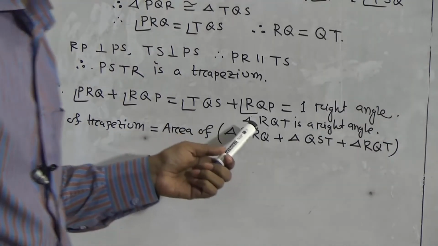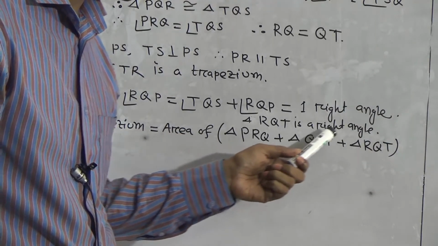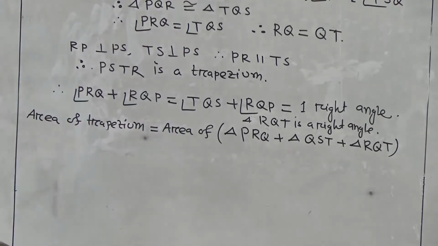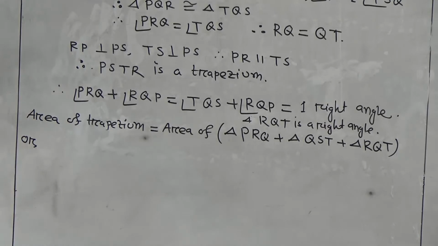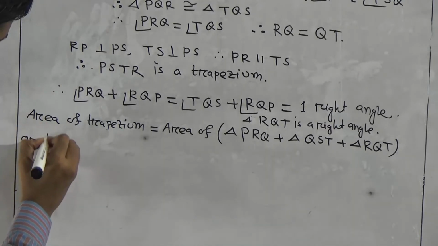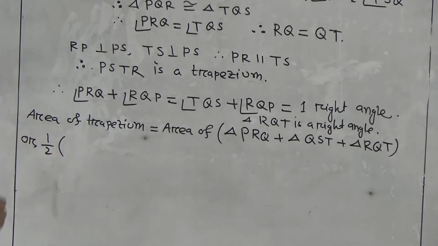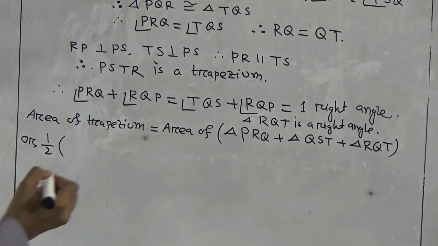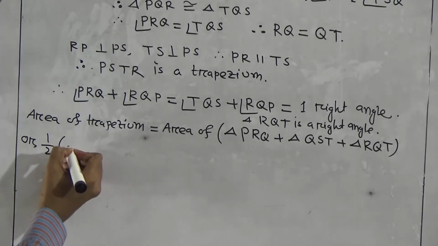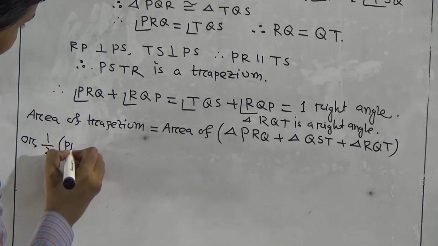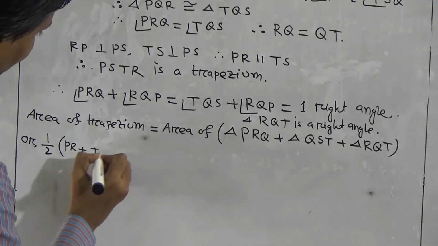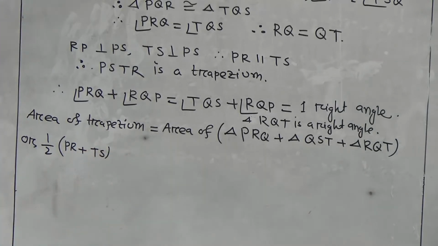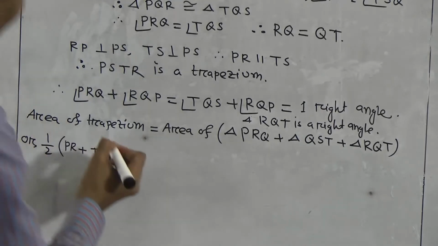You see, triangle RQT is a right angle. Now, the area of trapezium equals half into base PR plus TS into height PS.